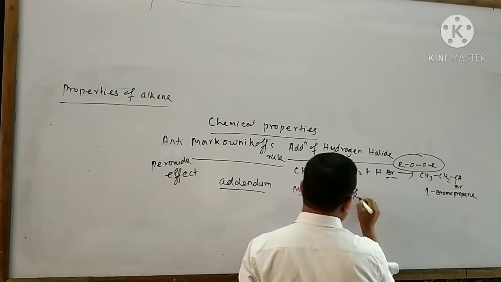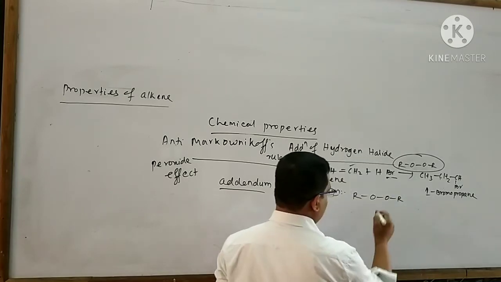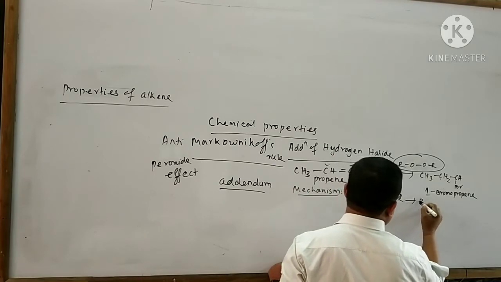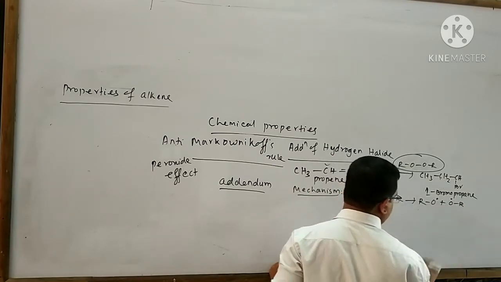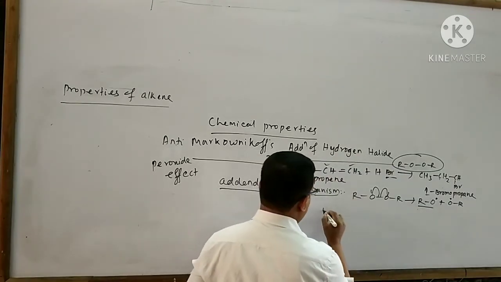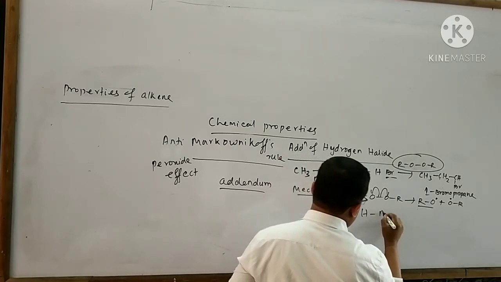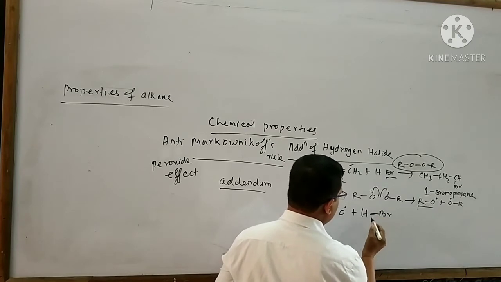That means at first the organic peroxide undergoes homolysis like this, and forms the free radical like this. Now these free radicals react with the HBr to form the bromine radical like this. This bond undergoes homolysis.